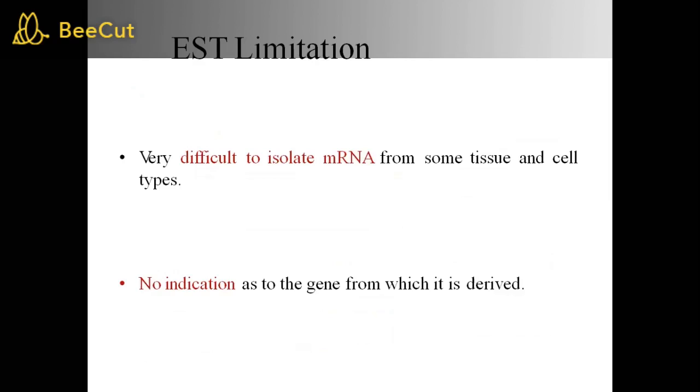As it is difficult, we cannot prepare the cDNA molecule, and we can't prepare the expressed sequence tag for that particular gene. So this is the limitation. Then next, there is no indication as to the gene from which it is derived. This is the second limitation of expressed sequence tags.